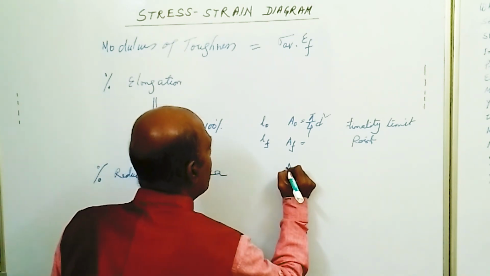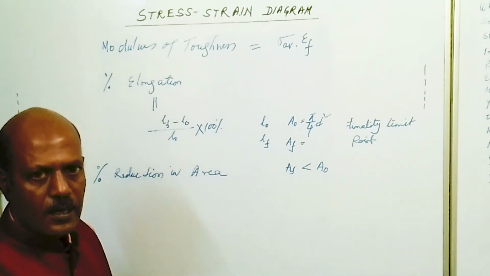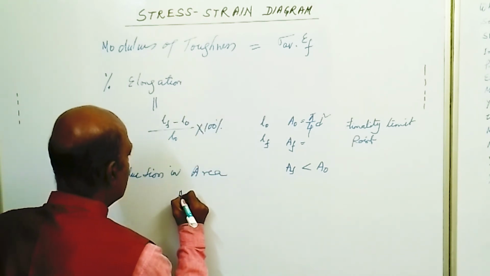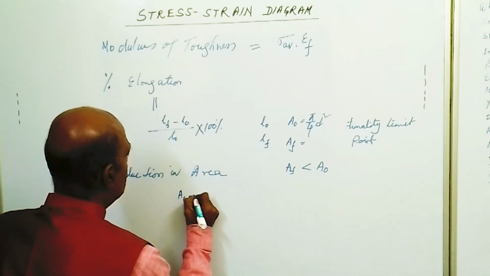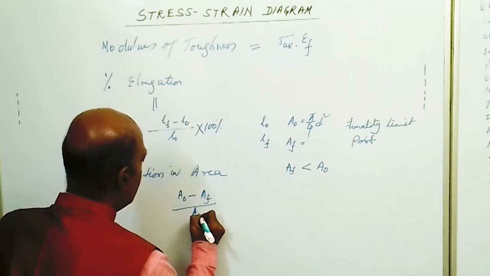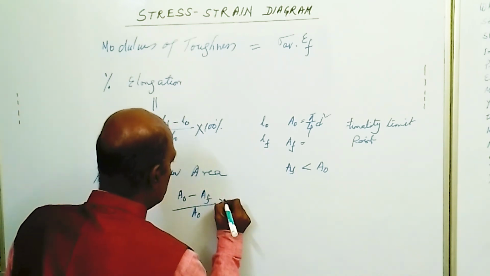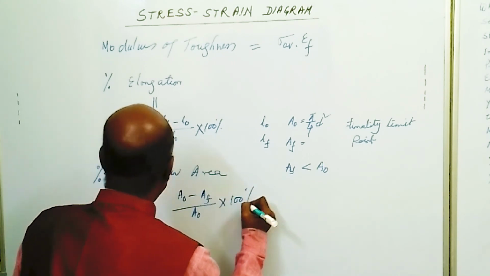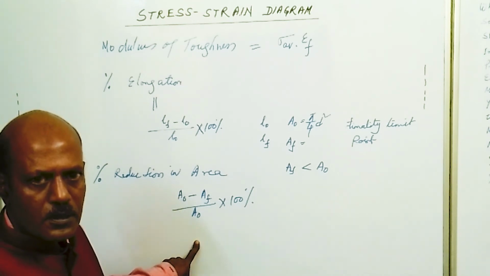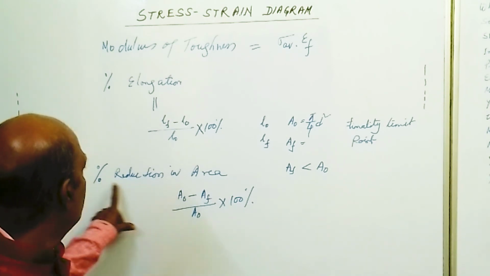Naturally AF will be less than the original area A0. So the change in area, A0 minus AF, per unit original cross sectional area is A0 minus AF by A0 into 100%. So the definition: change in cross sectional area per unit cross sectional area expressed as percentage is called percentage reduction in area.